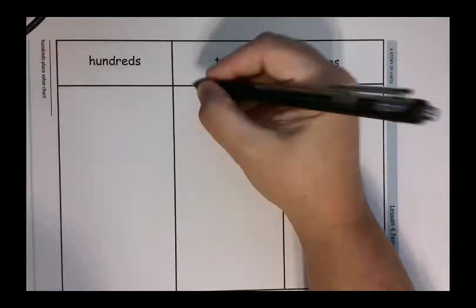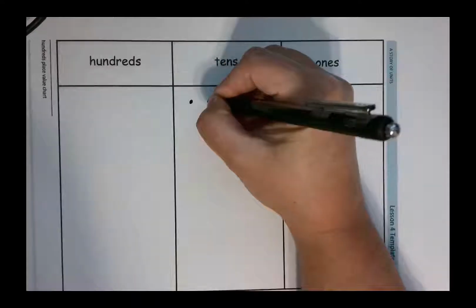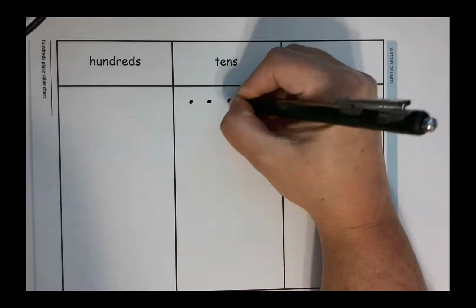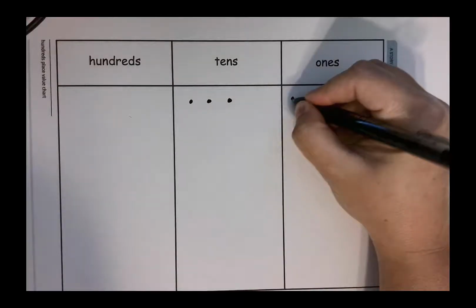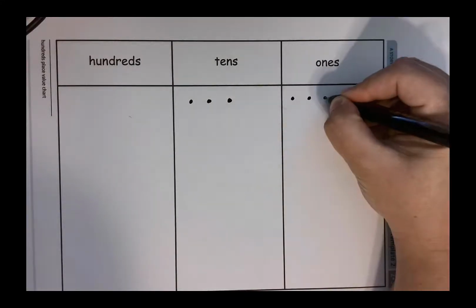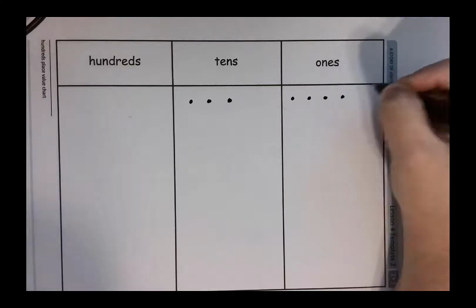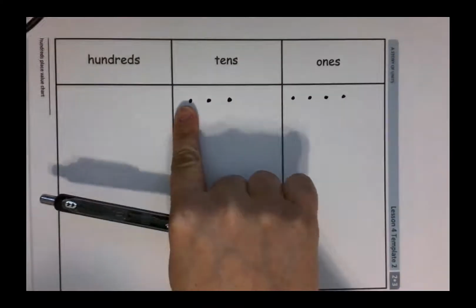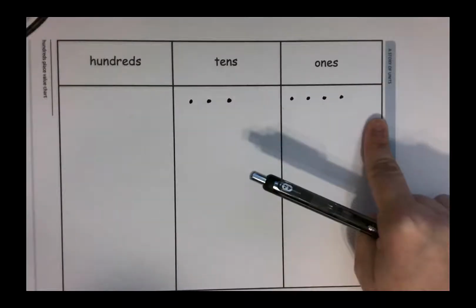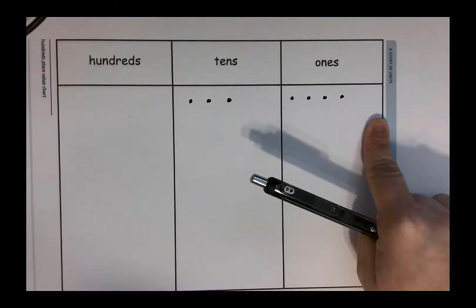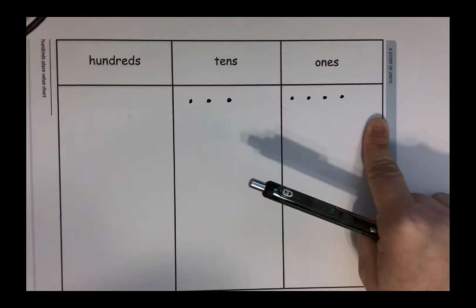So I have my first group of 3 10s, 4 1s. So this is my first group of 3 10s, 4 ones. My first group of 34, and I'm going to have 4 equal groups.